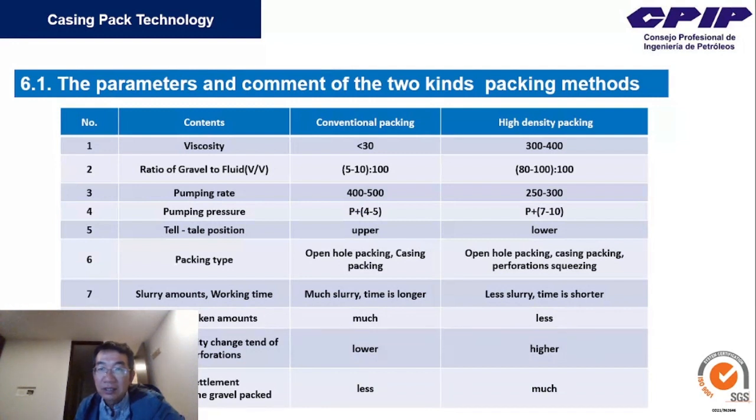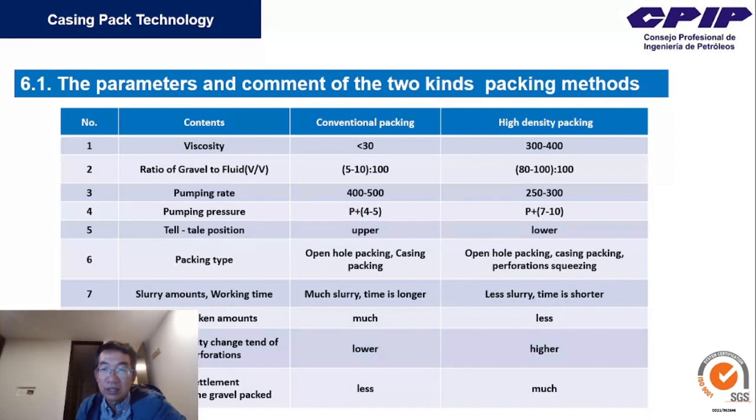In high density packing, the viscosity is from 300 to 400, and the ratio of gravel to fluid from 8 to 100 and to 100. Pumping rate from 250 to 300.